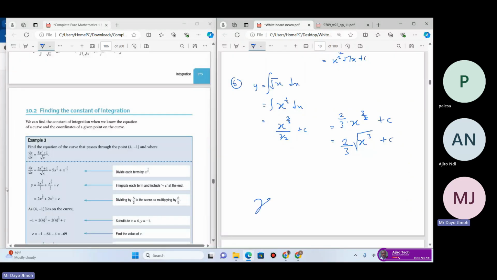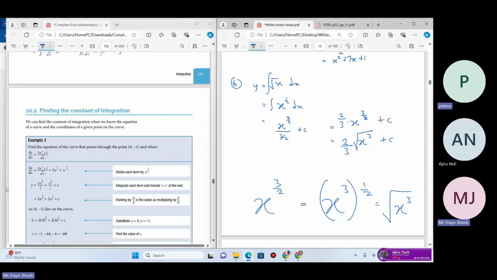I have x raised to the power 3 over 2, so I can say x raised to the power 3, raised to the power half, right? This half is square root. That is the square root of x to the power 3.